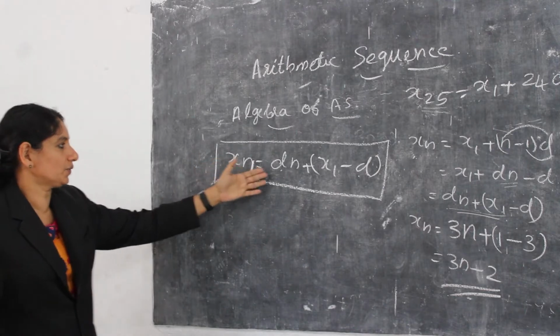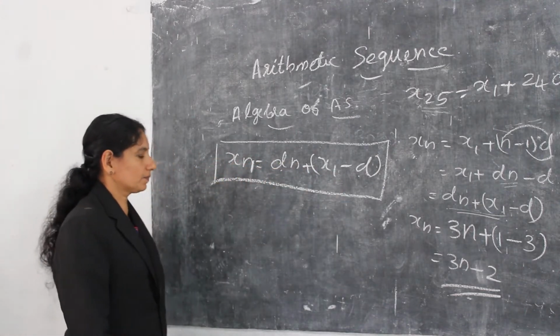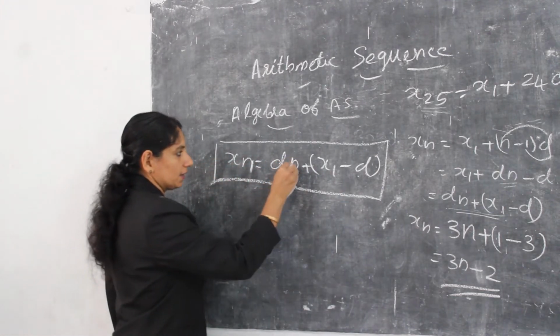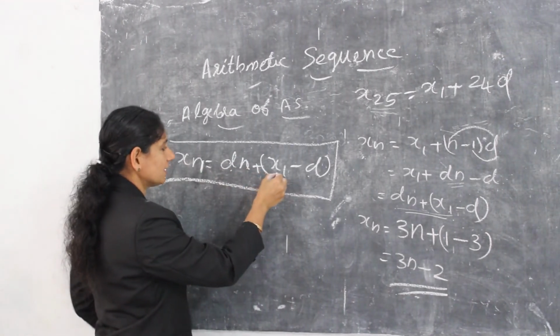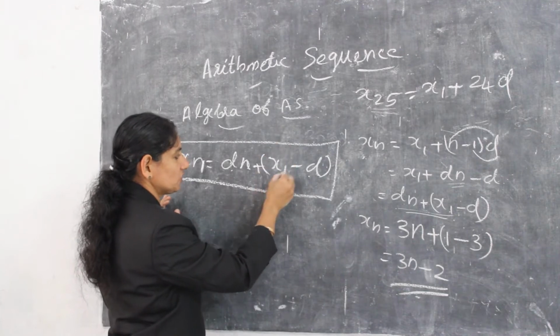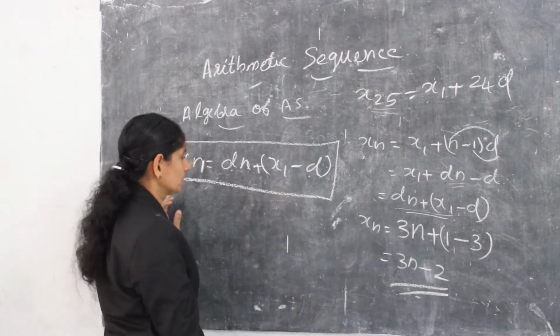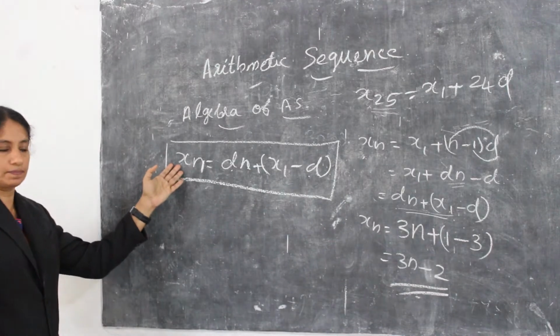Multiply the common difference with a number n and add the difference between the first term and the common difference. We get the nth term.